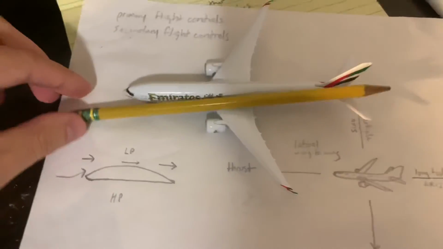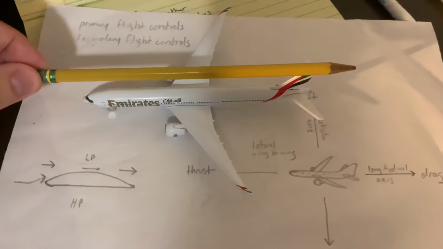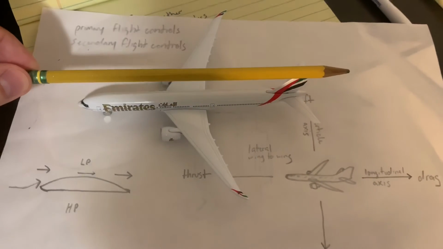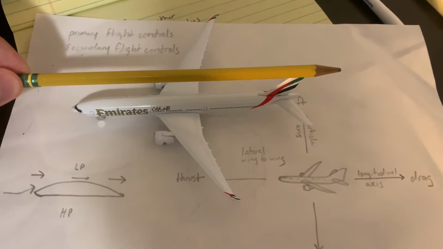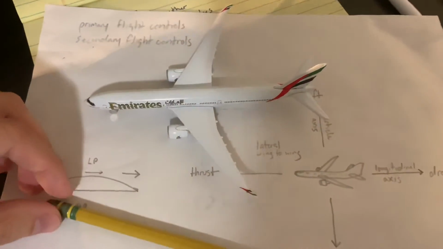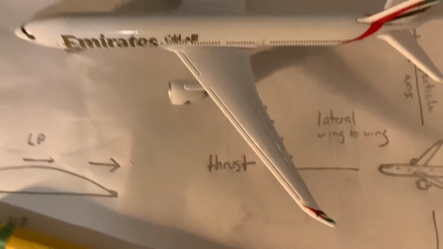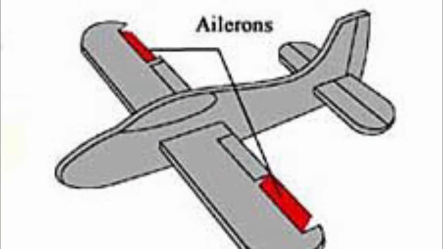So there's going to be an axis running down the body of the aircraft. This is the longitudinal axis. How we move about the longitudinal axis is the flight control known as ailerons. If you look close enough here, it's these really tiny control surfaces at the very end of the wing.